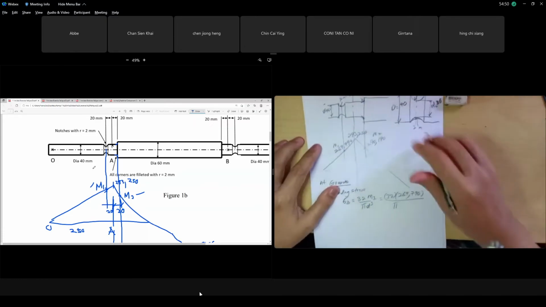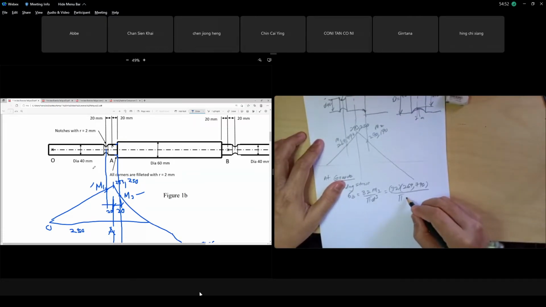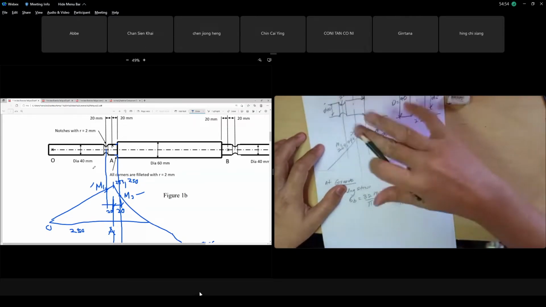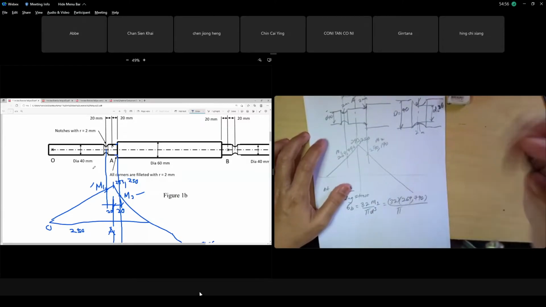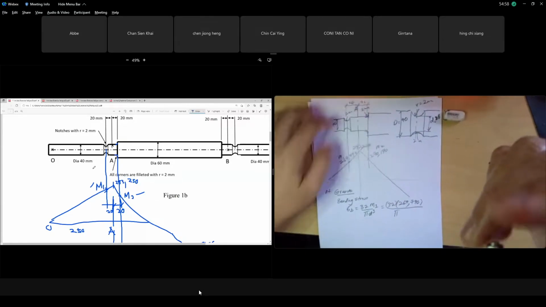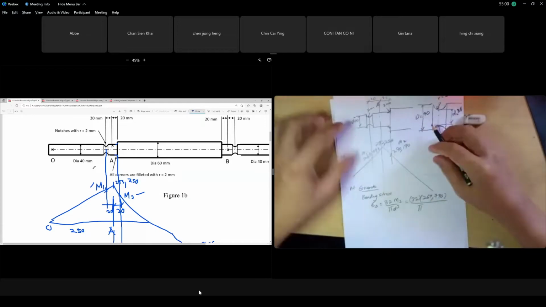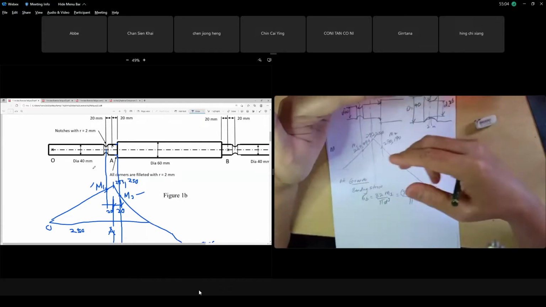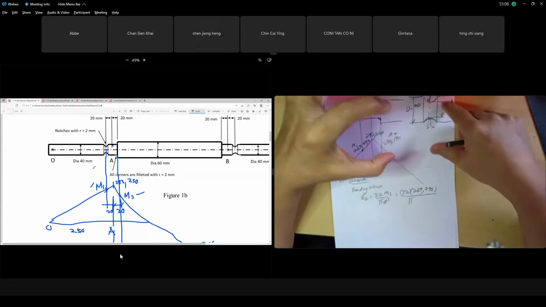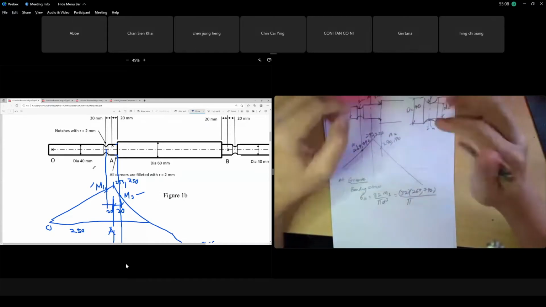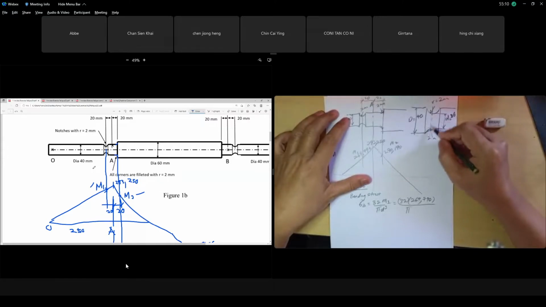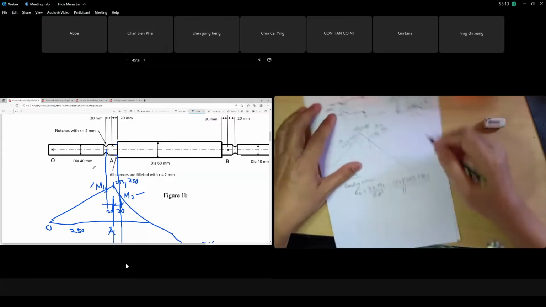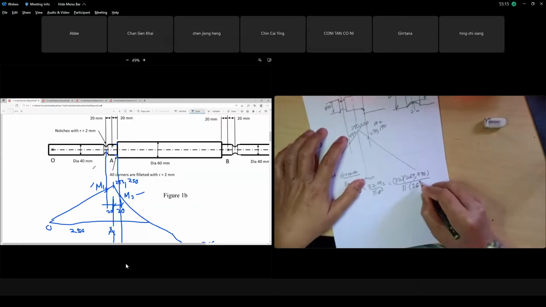Class, at the groove, which diameter? 40 or 36 here? Yeah, 36. We take the worst case, the minimum. The smaller the diameter, the bigger the stress, so the worst case is the smaller diameter, right? Not the bigger diameter. Take 36 cubed.